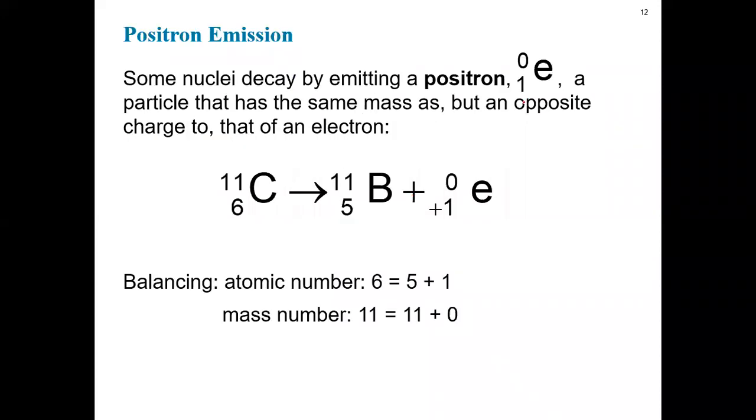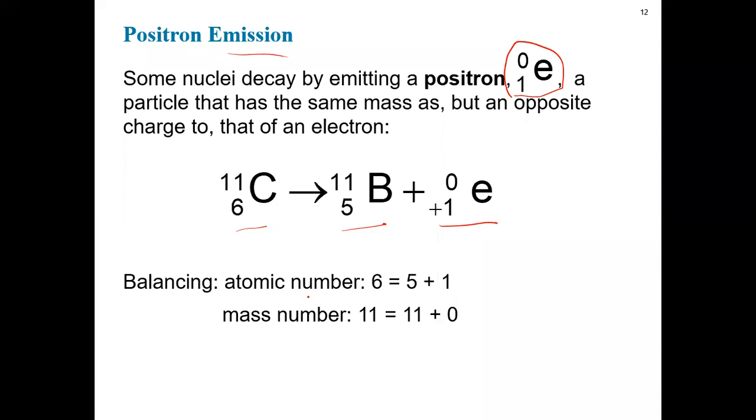Positron emission, you just remember a positron is an opposite electron. It has no mass number, and the charge is +1. So if I tell you we have positron emission, that means the positron is a product. And then if I tell you the reactant, you can find out the other product, or vice versa.